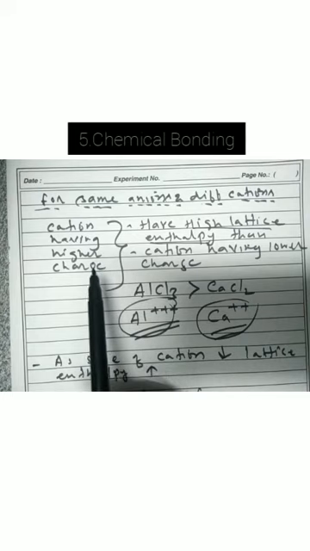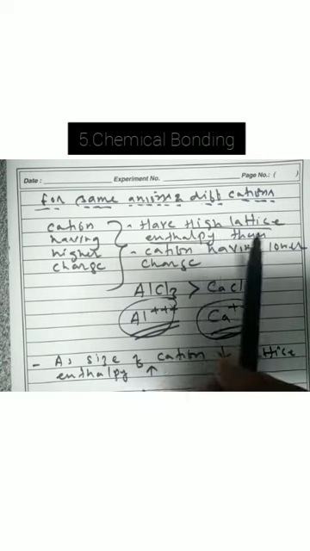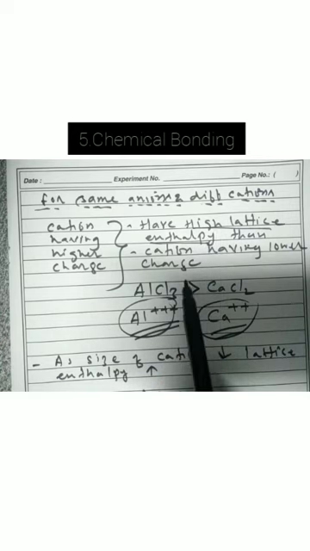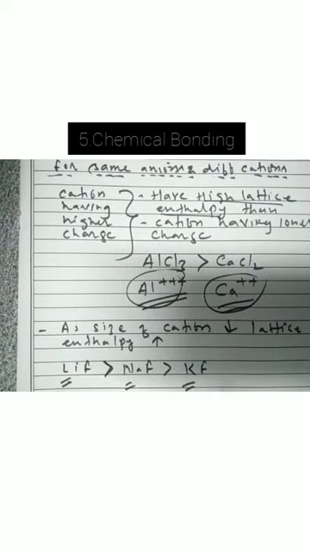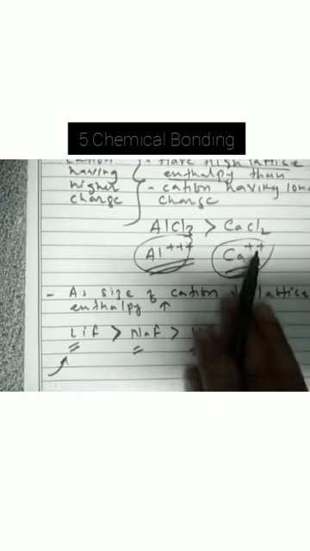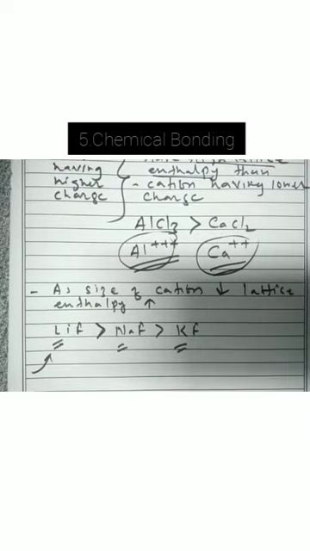So the cation having higher charge has higher lattice enthalpy than the cation having lower charge. So the lattice enthalpy of AlCl3 will be high compared to calcium chloride.